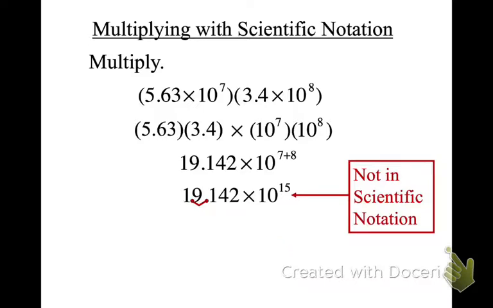So we are making this from 19 to 1.9. Since this gets smaller by 1 digit, this has to get bigger by 1 digit. So it becomes 1.9142 times 10 to the 16th power. Now notice I didn't cut off any of those digits. Okay?